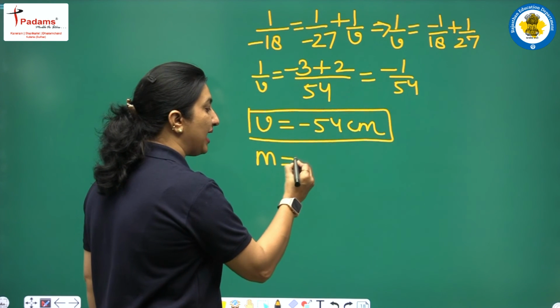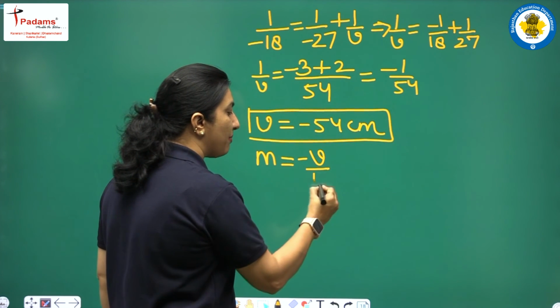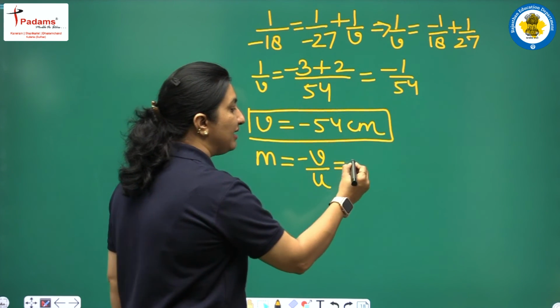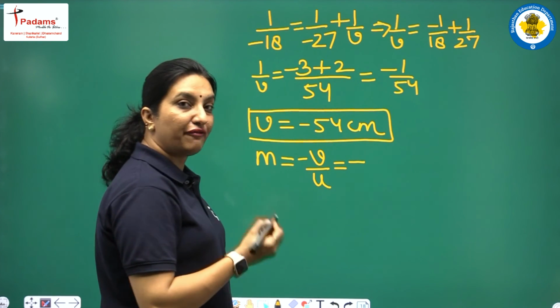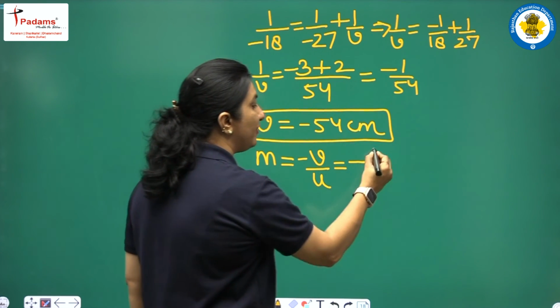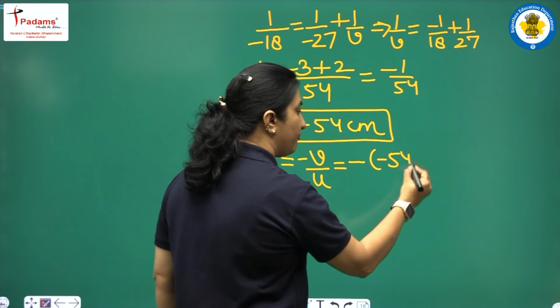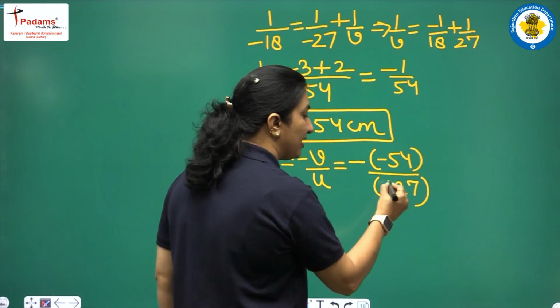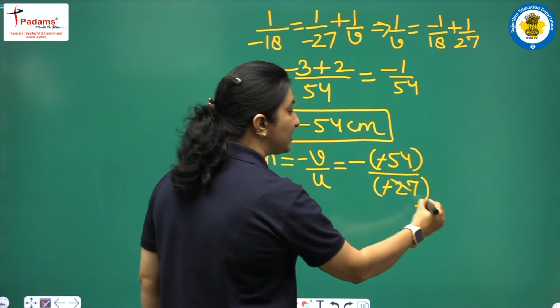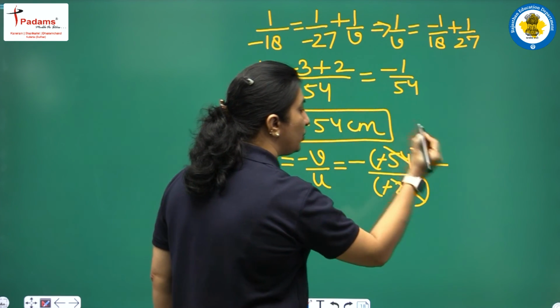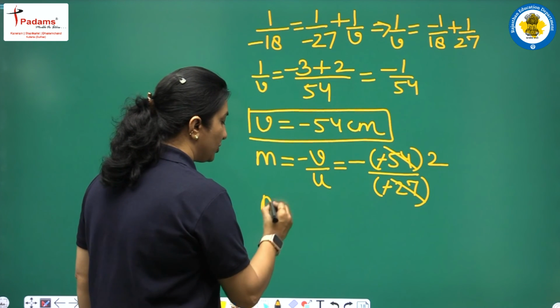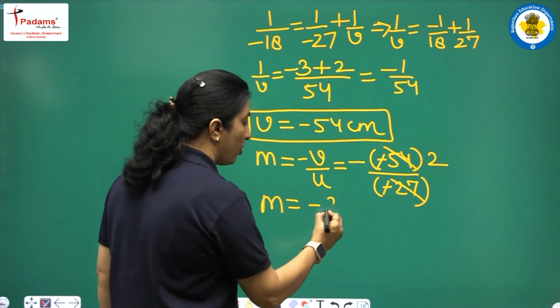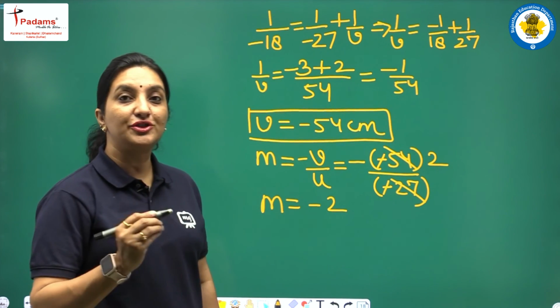So the formula for m is minus v upon u, and here this negative sign is by the formula, and for v we will write minus 54 and u is minus 27. The negative sign will go with the negative sign, and 27 2s are 54. So what we get is the value of m is minus 2.